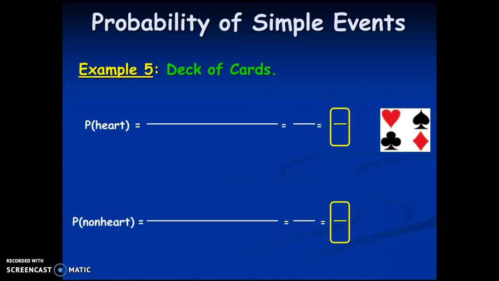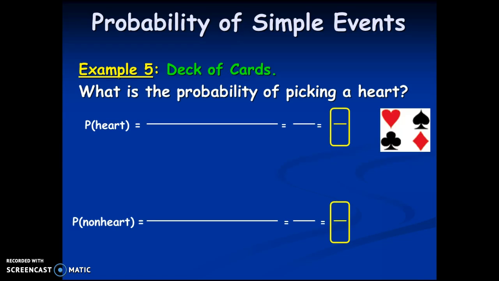Okay, decks of cards. What you may not know is that all regular decks of cards have 52 playing cards in them. There are 4 suits: hearts, clubs, diamonds, and spades. Those are called suits, and there are 13 of each suit. Depending on what you're looking for, it depends on how you do the probability, but we're looking for the probability of picking a heart.